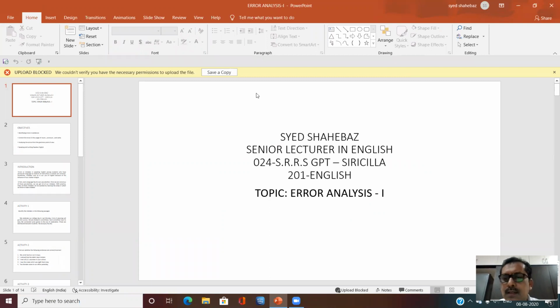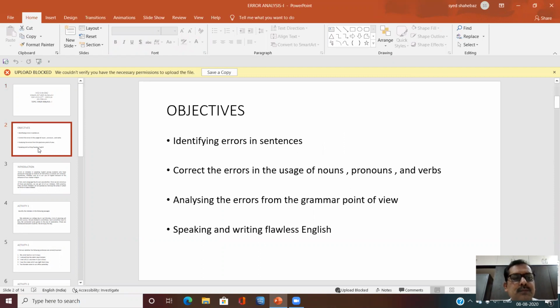Today's lesson is error analysis 1. So let us see the objectives of this lesson. The main objectives of this lesson are identifying errors in sentences.